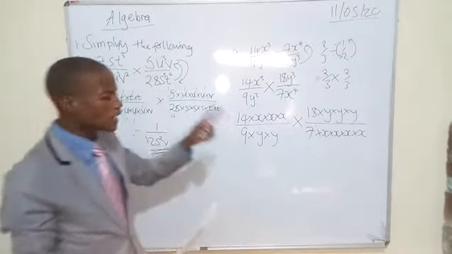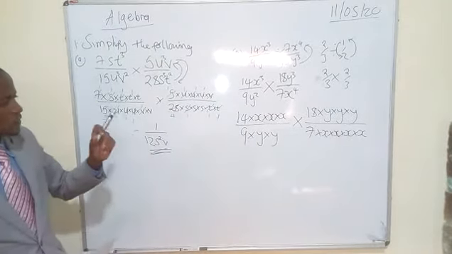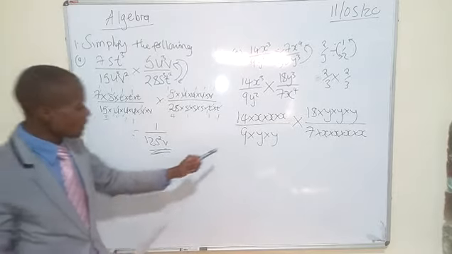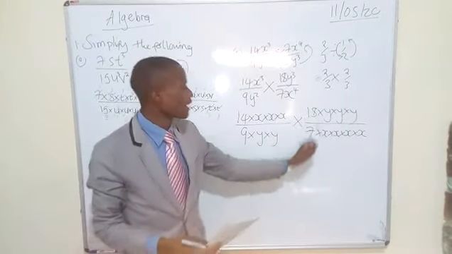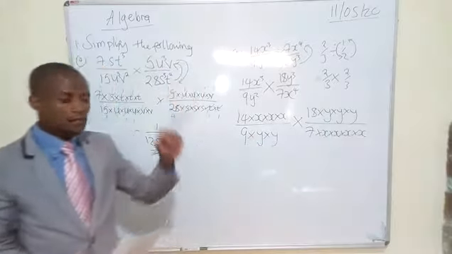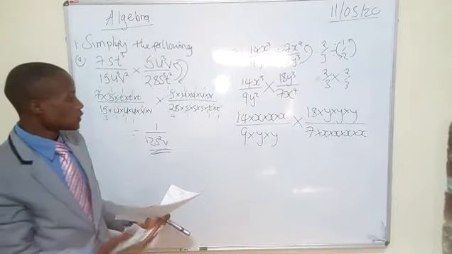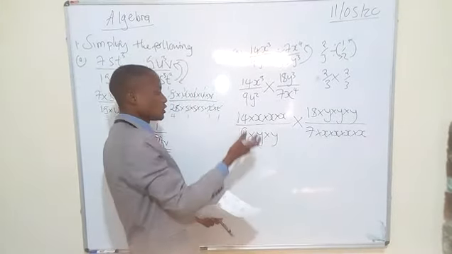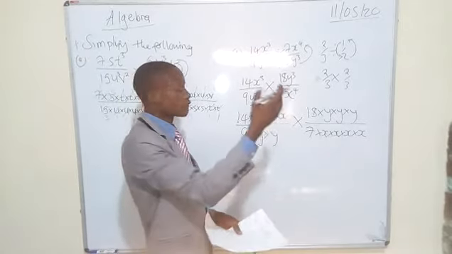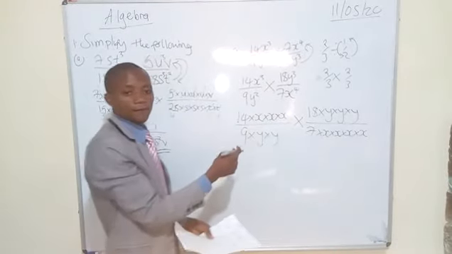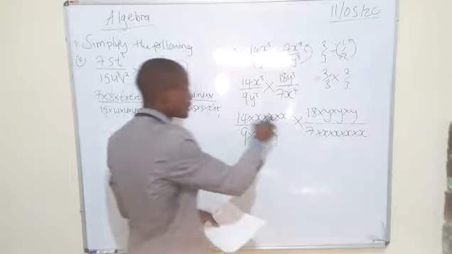Now when you expand, that's when you start dividing, either cross dividing or dividing directly. Start with the numbers. Can 9 go into 14? Can 7 go into 18? If not, then cross divide. Can 7 go into 14?